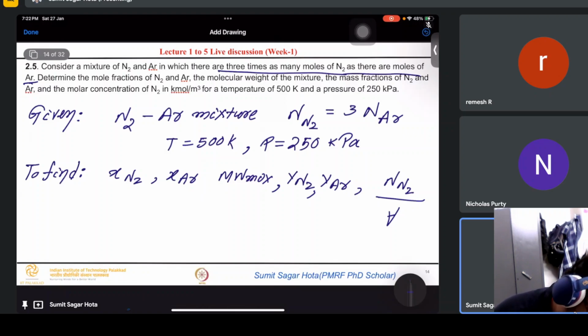Because in the question, the molar concentration of N2 in kilomole per meter cube at a given temperature and pressure is asked. You can represent the molar concentration of N2 as n by V, the number of moles of N2 divided by the total volume. Note that it is the total volume, not the specific volume.